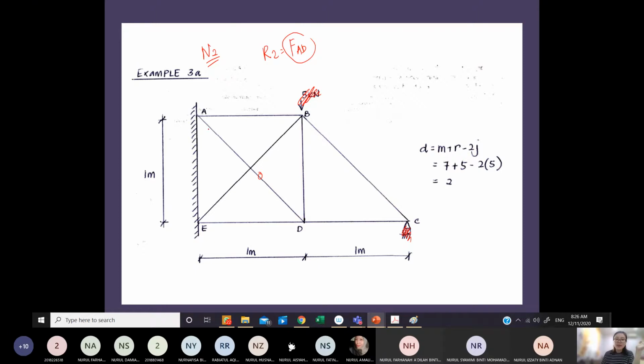Initially AD does not exist here, but now I need to apply back FAD equal to 1 unit force, or 1 kilonewton. Now you can put it either as tension or compression for force AD. Now it is no more 0, it is 1 unit. You can put it as tension, 1 kilonewton, or as compression, -1. Are you clear, class?